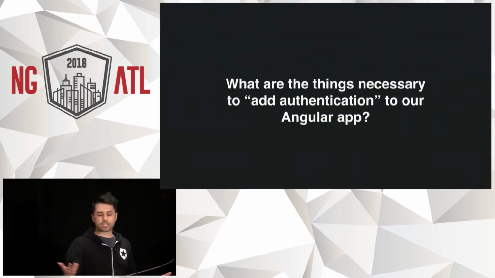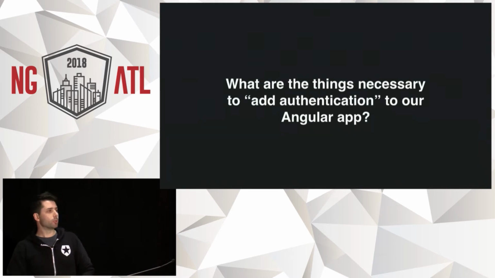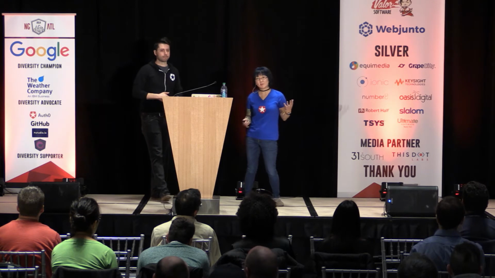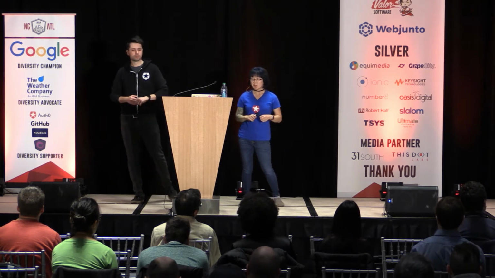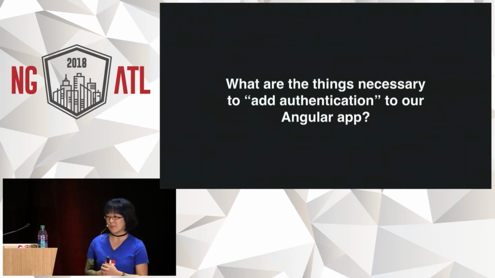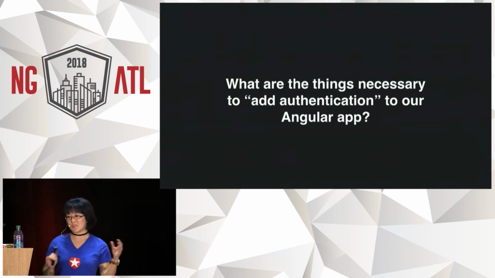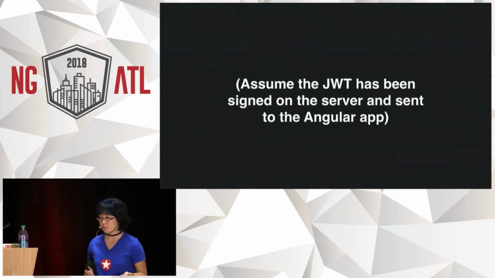So what are the things that are necessary then for using JSON Web Tokens in our Angular apps? Well, we need to recall that client apps like those built with Angular are public. So in order to authenticate a single-page application, the client really needs to remain unaware of the contents of any kind of sensitive data that we would be using. So instead, we need to rely on that data being provided from elsewhere.